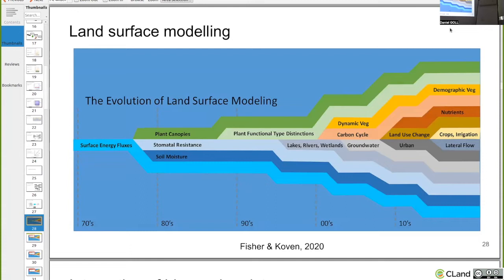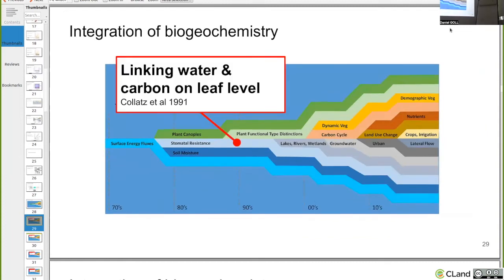They started with the energy fluxes, but now they include all kinds of things like human management, vegetation dynamics, etc.